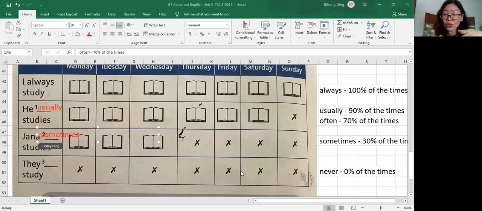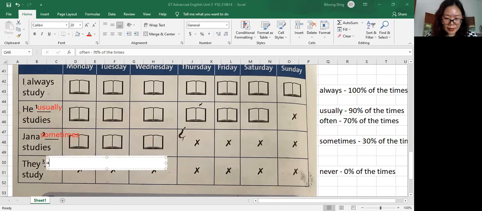But I expect you to study usually or always. Please, guys, help me and help yourself. So for number 3, definitely it's never. Too bad. What an awful student.